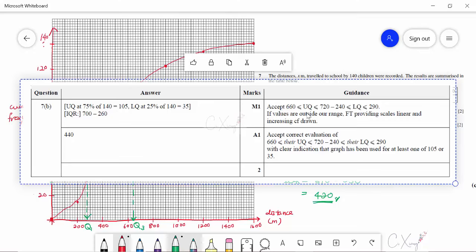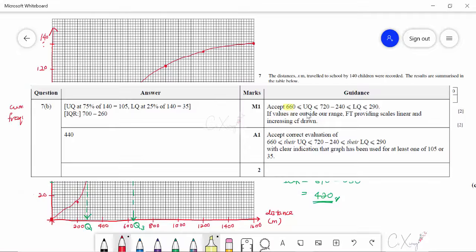For the upper quartile, the range they give you is between 660 to 720. And for the lower quartile, which is Q1, as long as your answer is between 240 until 390, then all these are acceptable. So no need to feel panic if your answer is different from what I show you here.